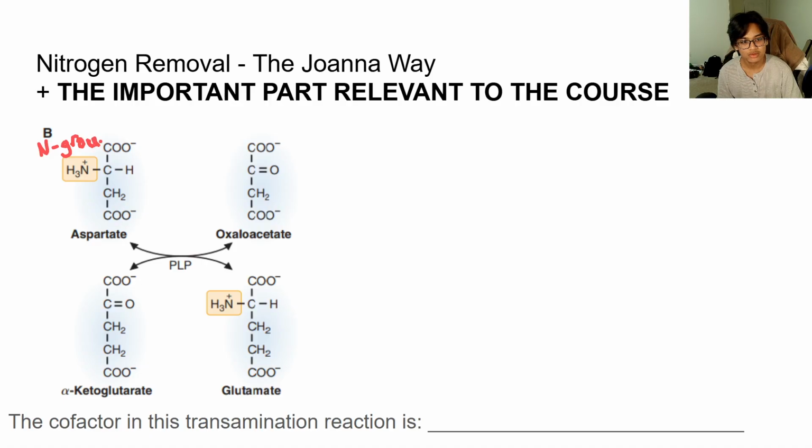This is kind of the way that I understood it because these arrows didn't really make sense. So we have our aspartate plus the alpha keto glutarate.